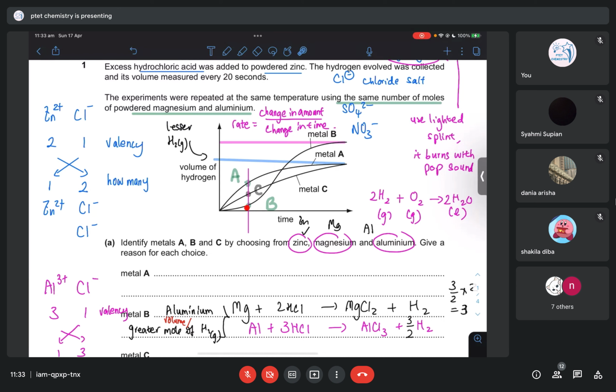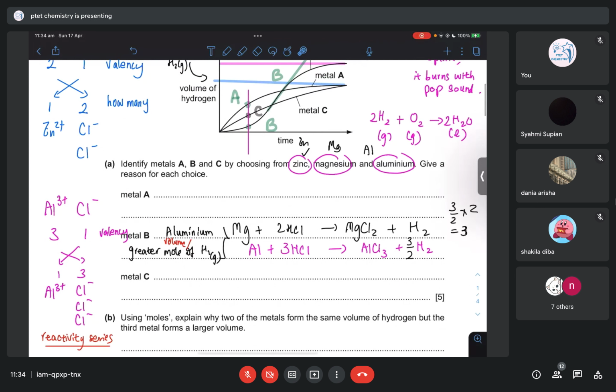The slope will tell you the rate. So by right, we can see that A is faster than C, faster than B. So the rate is A faster than C, faster than B.